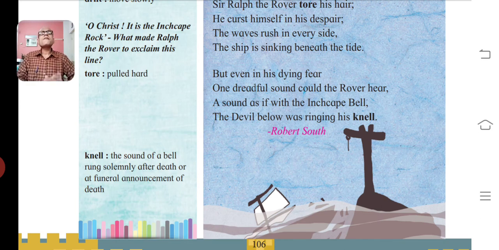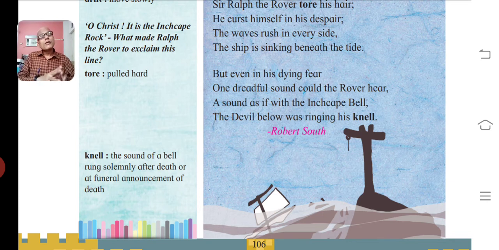The rower's ship had struck the terrible rocks feared by sailors. Some time ago, Sir Ralph the rower himself had cut off the bell put there by the blessed abbot.